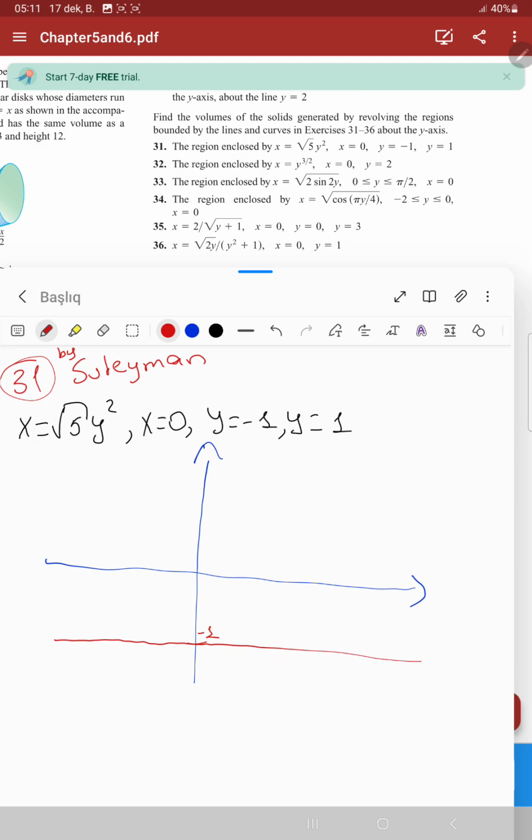Right here. y equals 1, what 1 is in here, let's say. Done. x equals 0, where is x equals 0? Here.